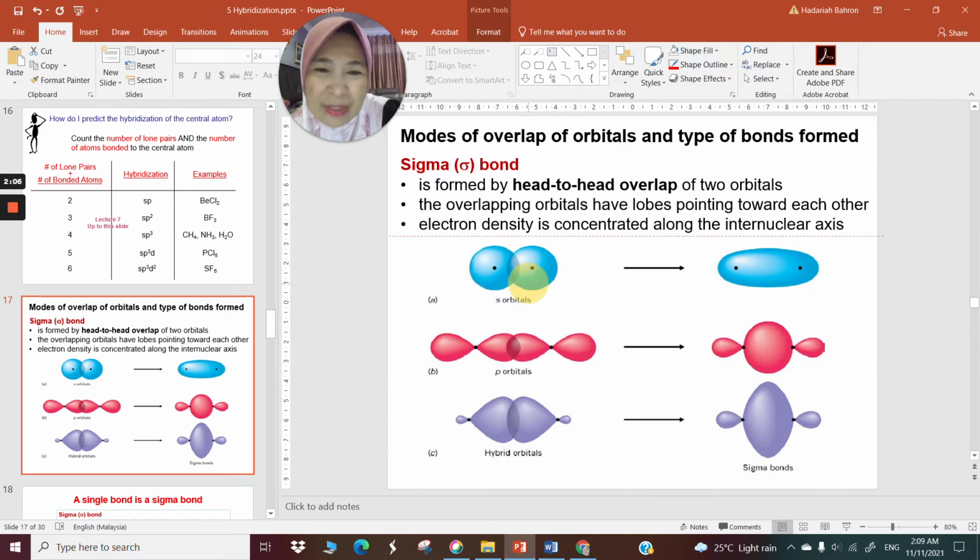So this example A is what you get when you are overlapping two s orbitals. Now, what about when you are overlapping p orbitals? As you know, for p orbitals, you have px, py, and pz.